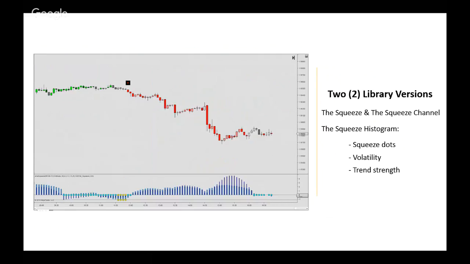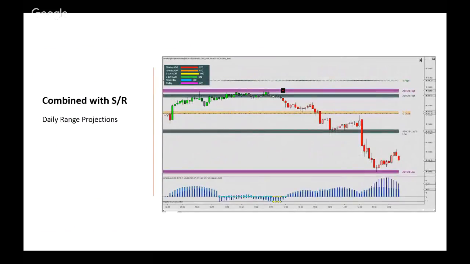You can also, of course, combine this squeeze indicator with other information that you might want to look at, say key support and resistance levels. And that's where this second panel here comes in handy. You'll have more space and a tidier chart to look at this.